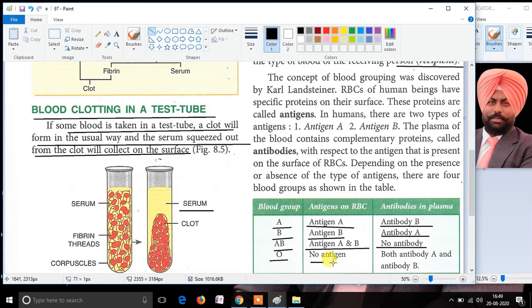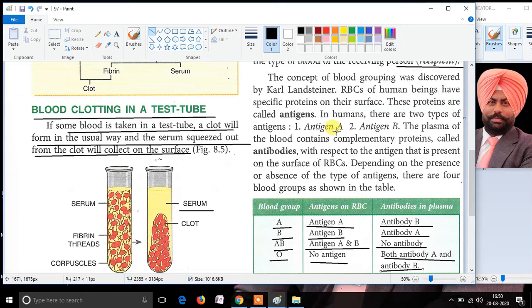Blood group O doesn't have any antigen in it, while blood group O has both types of antibodies, that is antibody A and antibody B. Because of this reason, it's very difficult to transfuse blood from one person to another. Hence, we can say only specific persons can give or transfuse their blood to another specific person of a specific blood group.